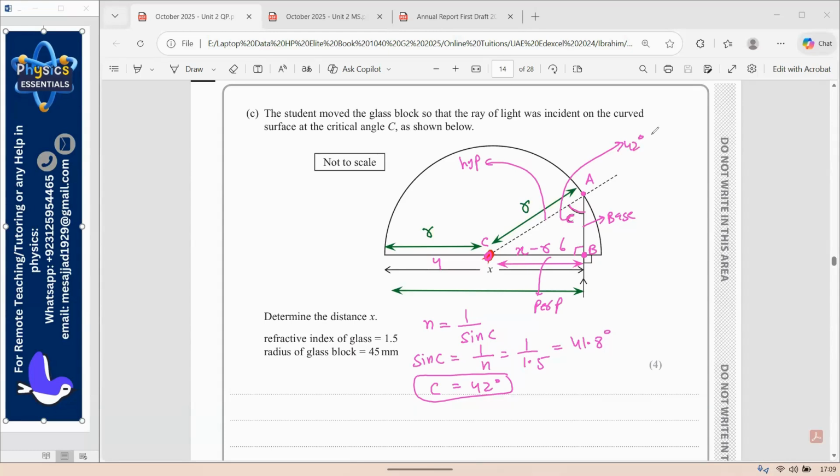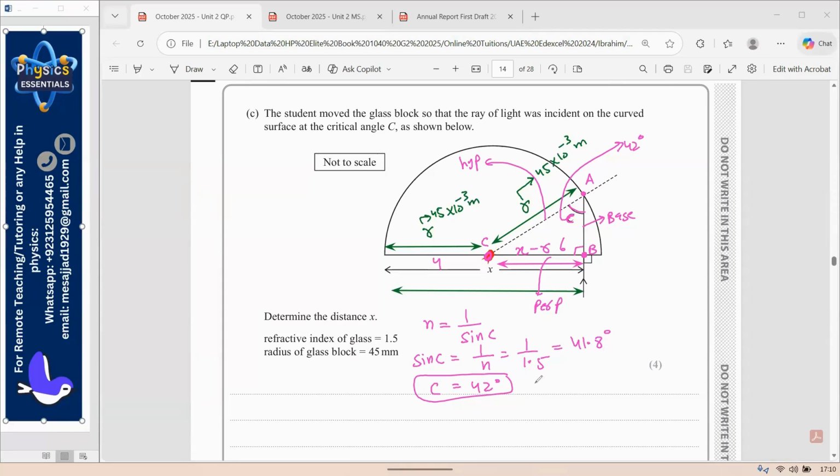Now you don't have the value for the base, however you have the value for the radius, and the value for the radius is how much? 45 mm. So you can write 45 into 10 raised to the power minus 3 meters, correct?